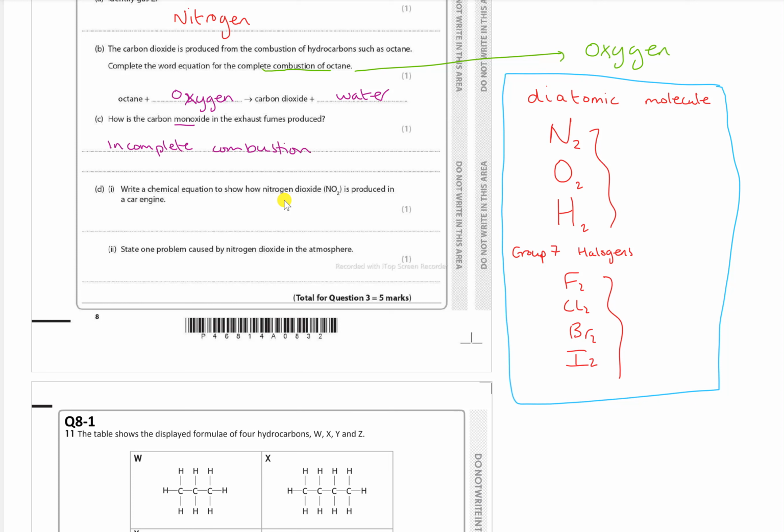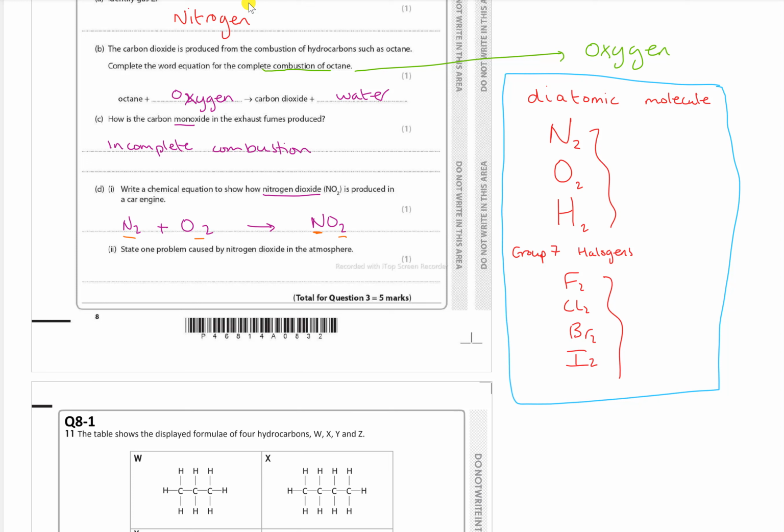Right, a chemical equation to show how nitrogen dioxide is produced in a car engine. So you've got nitrogen plus oxygen gives nitrogen dioxide. Have you noticed it's not balanced? We've got 2 oxygens, 2 oxygens, 2 nitrogens, 1 nitrogen. So we can't stick a 2 here, that would be wrong.